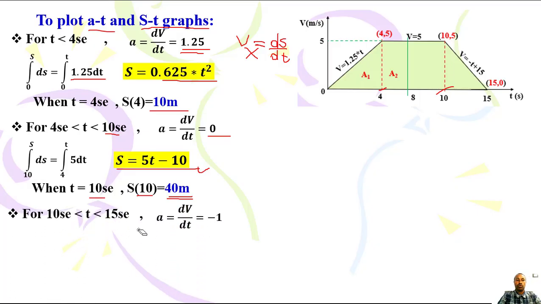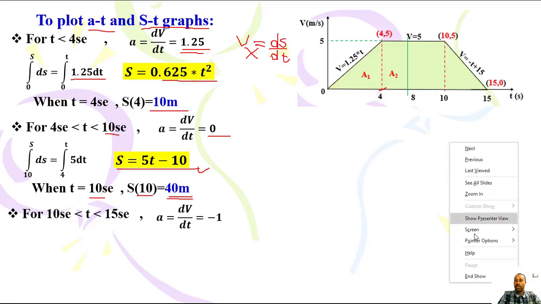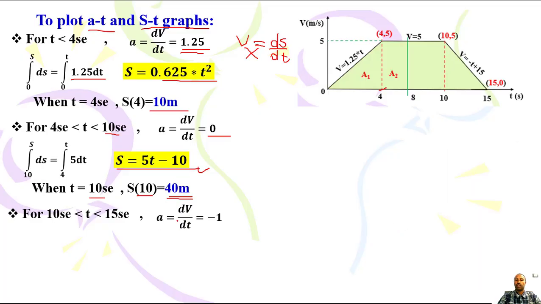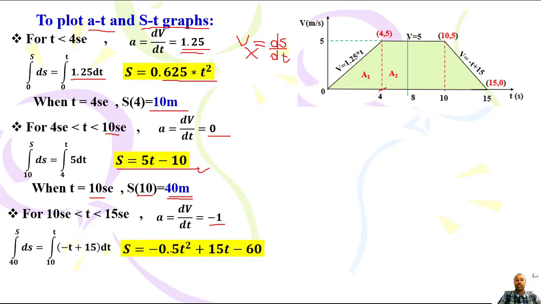Then for t from 10 up to 15, again, you simply take dv by dt, which is acceleration. dv by dt will be -1, already known. Then integral from 40 to s, already s is 40 at 10.